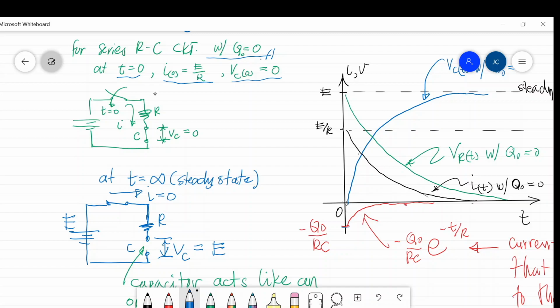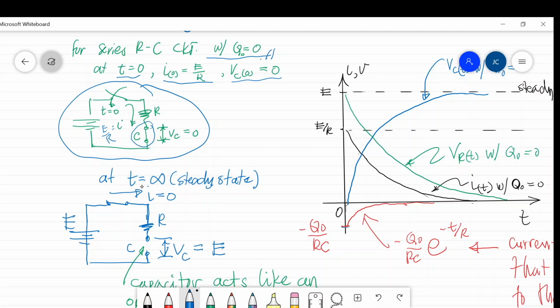This can be represented with this circuit, wherein at time 0 the switch is closed and the voltage at the capacitor is 0 because the capacitor is short circuited and the current here is simply E over R. And as time elapses, the current would decrease because the capacitor charges up.